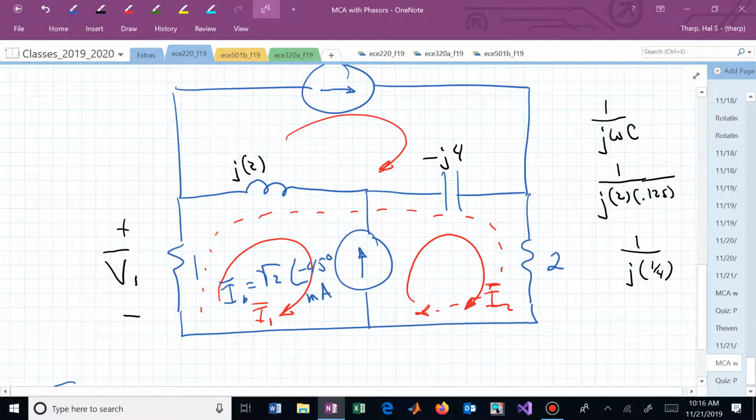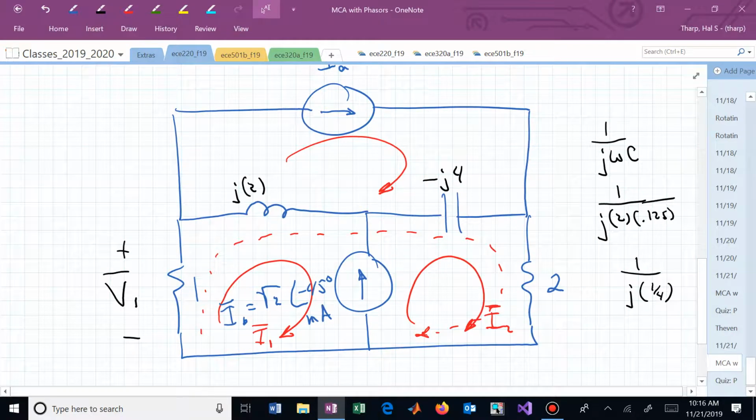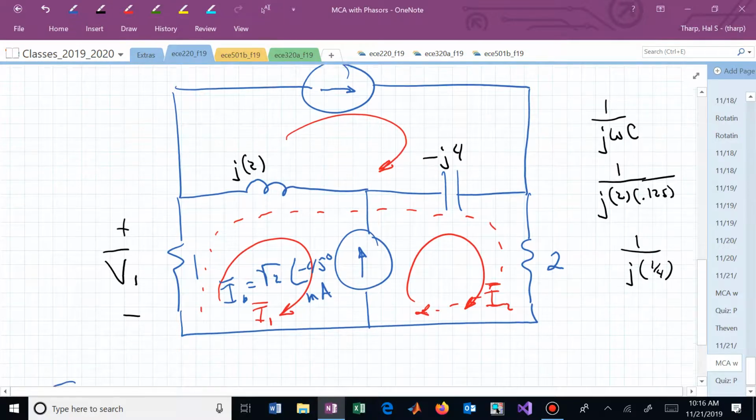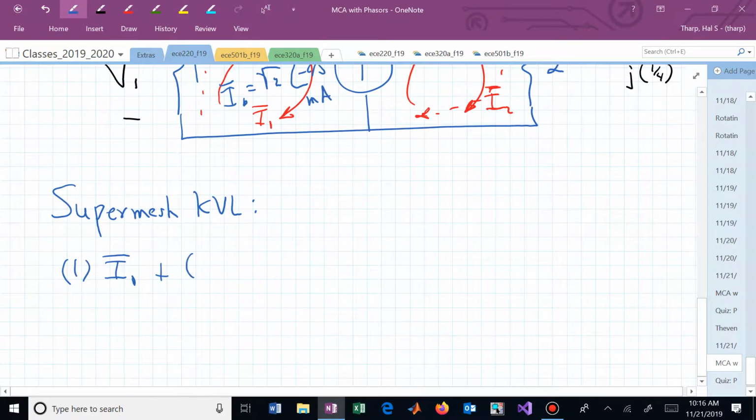We now have j2, the impedance of that, times what quantity? I1 minus I sub A. We now have plus j2 times I1 minus I sub A.